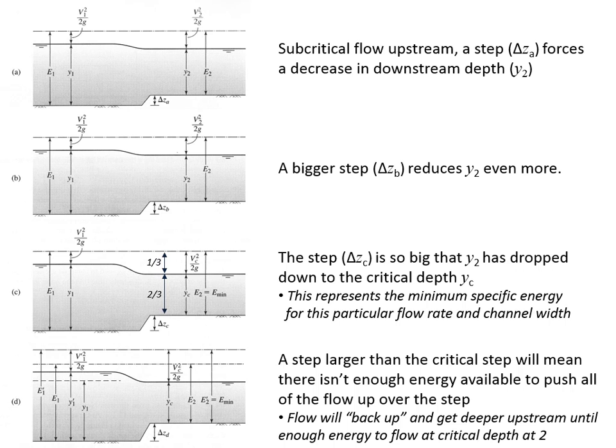Now if we make this step, the step height, bigger than the critical step height, and that's what's at the bottom of the screen there in option D, we've made the step so big that now the flow is going to choke. And so we introduced the idea of there being a Y'1. And the Y'1 is meant to indicate the depth upstream after choking, when it's come into a second equilibrium.